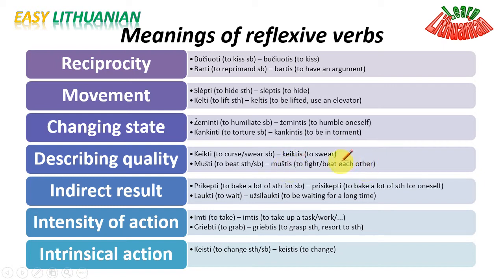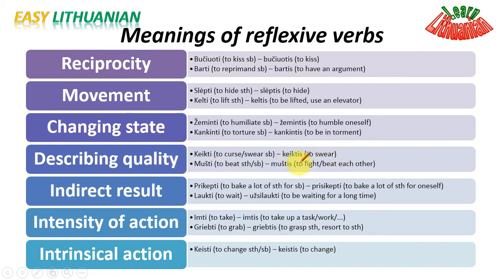Again, if you have the object, for example, jie mušasi, they are fighting, they are beating each other. You have a subject, you don't have to put an object. There's no object for this. But this way, the action is not self-directed, and those actions describe the quality of the action.